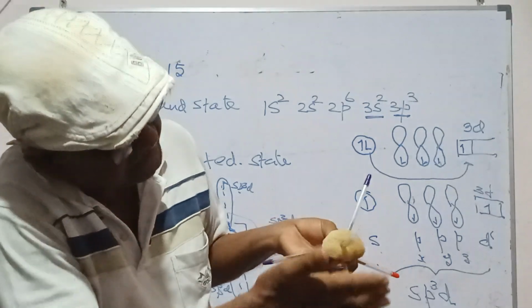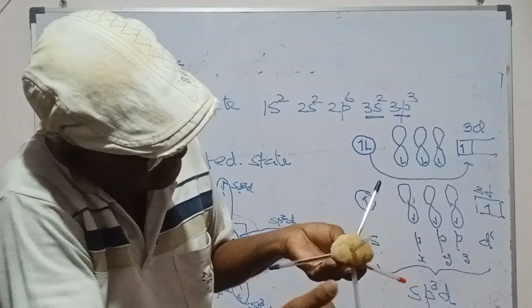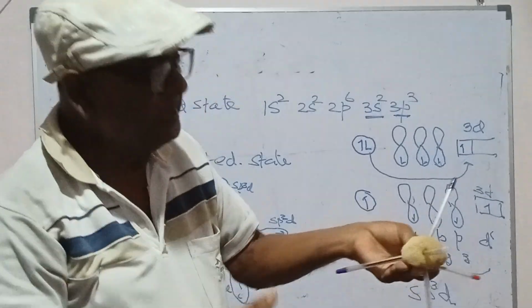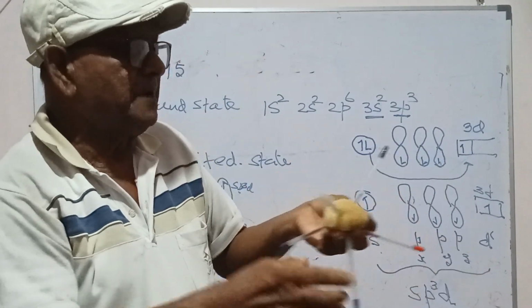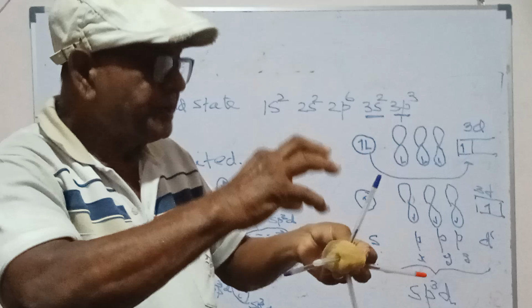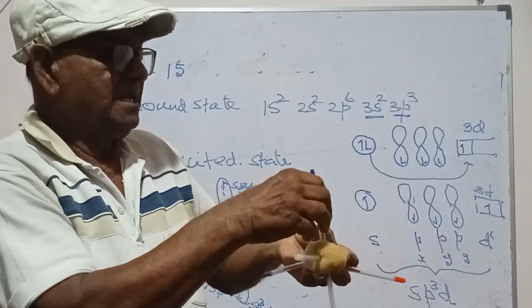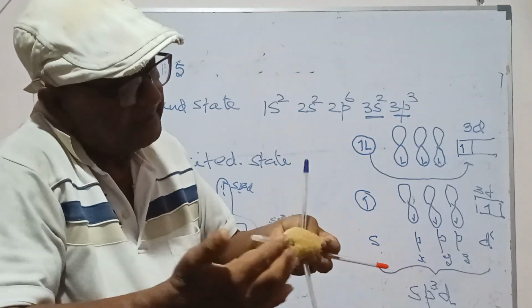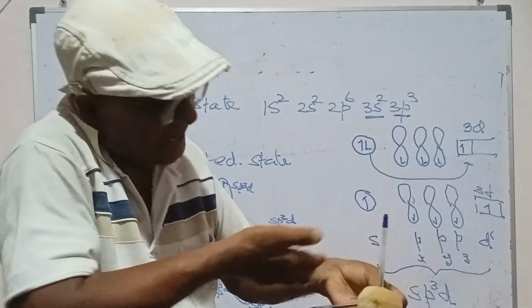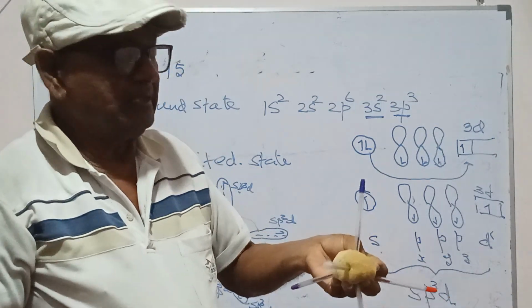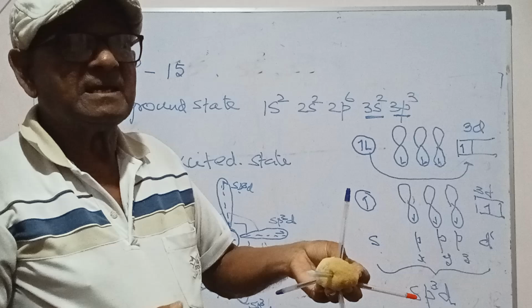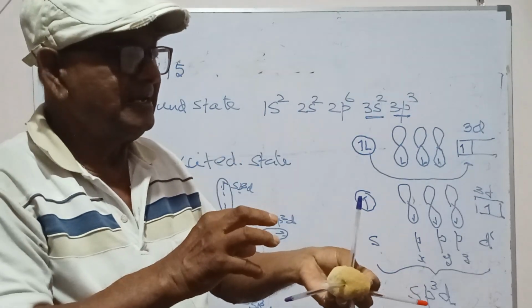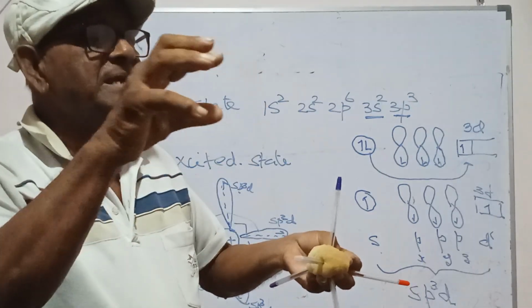Below also there is a trigonal pyramid. How many triangular pyramids? 2 triangular pyramids on the common plane triangle. So it is named trigonal bipyramidal.